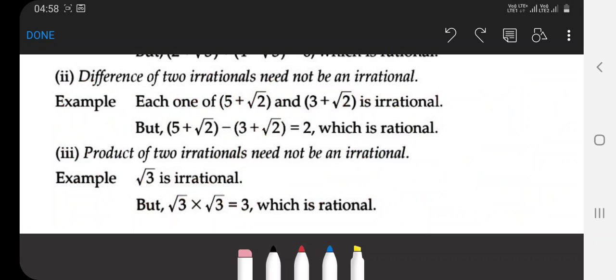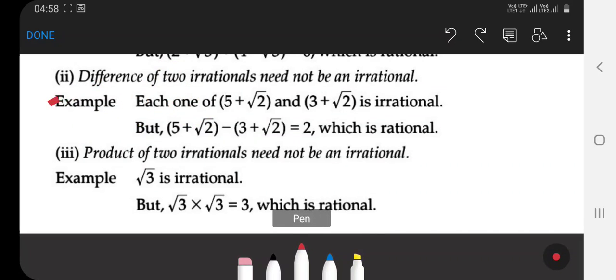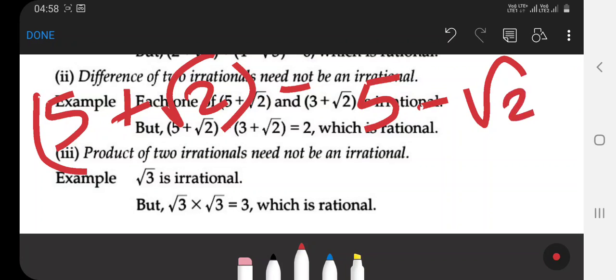The next example: 5 plus root 2 minus 5 minus root 2.